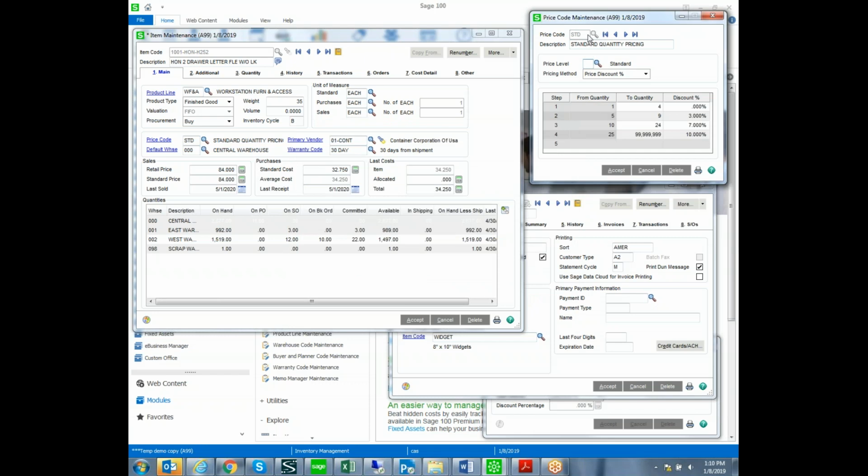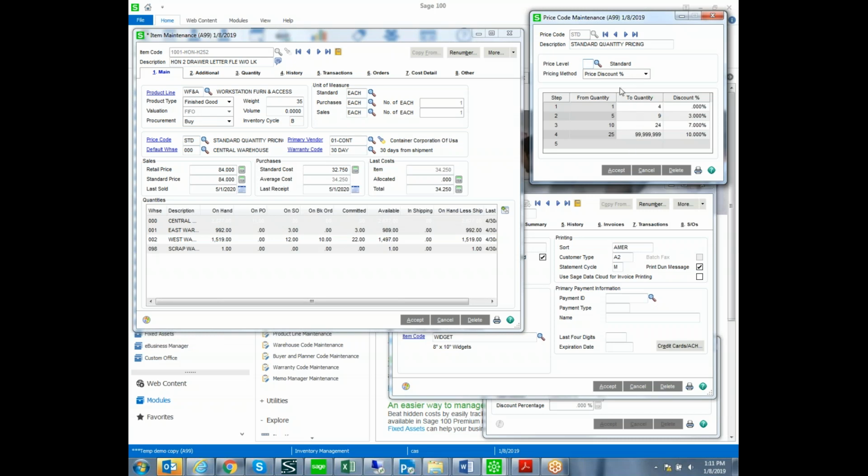Now, if you want to review everything that you have set up, feel free to either scroll through or print out the item price codes. In this case, we only have a price level of blank set up for this item price code. And what this does is it sets a price discount based on the quantity levels.